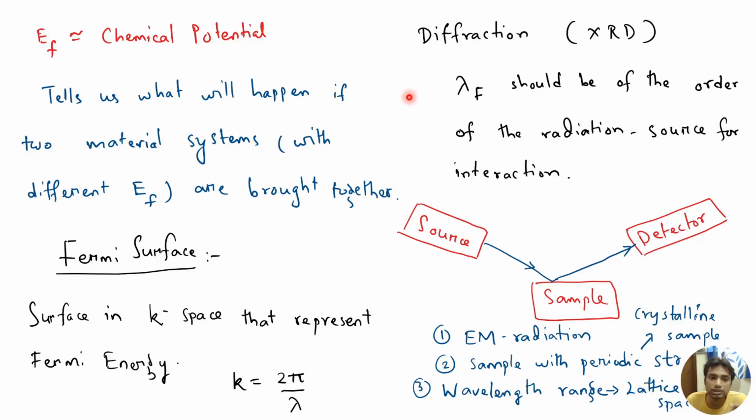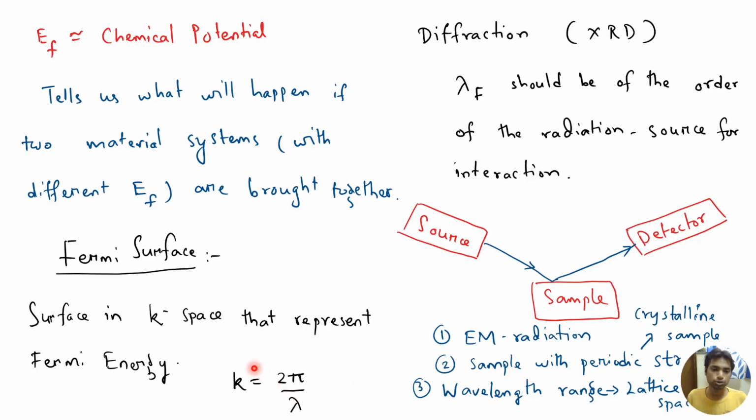So these concepts will come into use when we try to understand a system by probing it with some photons or some ions, some kind of probe. Here we can define something called lambda f.